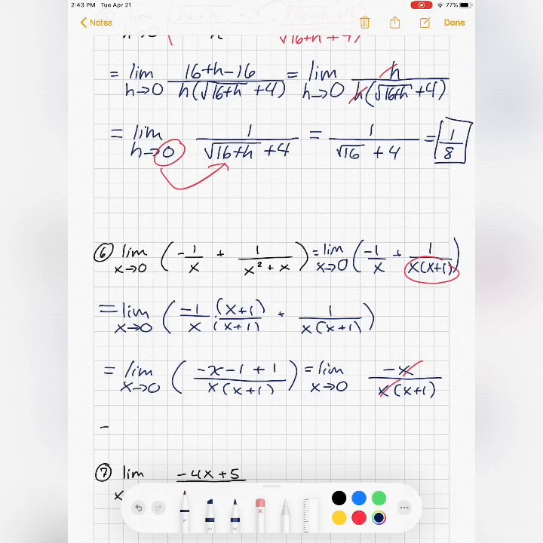Again, my limit sign still comes along. I still have variables. Now I substitute the value in, so that's where I'm actually evaluating the limit. So the result is 1. So that limit does exist.